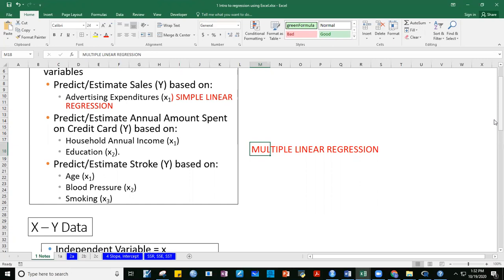So this is another example of a multiple linear regression. And again, we're not saying here that age, blood pressure, and smoking causes stroke. We're just trying to establish whether there's a relationship between these explanatory variables, which is age, blood pressure, and smoking, with your dependent variable stroke.